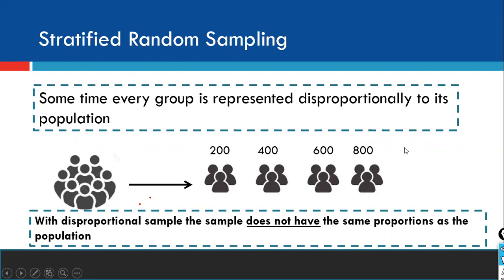If you go by the proportion literally, what will happen? Let's say you want to draw 100 samples. So 80 here, and let's say 60 here, 140, 200 samples. If you want to draw it, 80 plus 60 is how much? 140 plus 40, 180 plus 20, 200. But here, though you have 200 values, 200 counts, you're taking only 20.